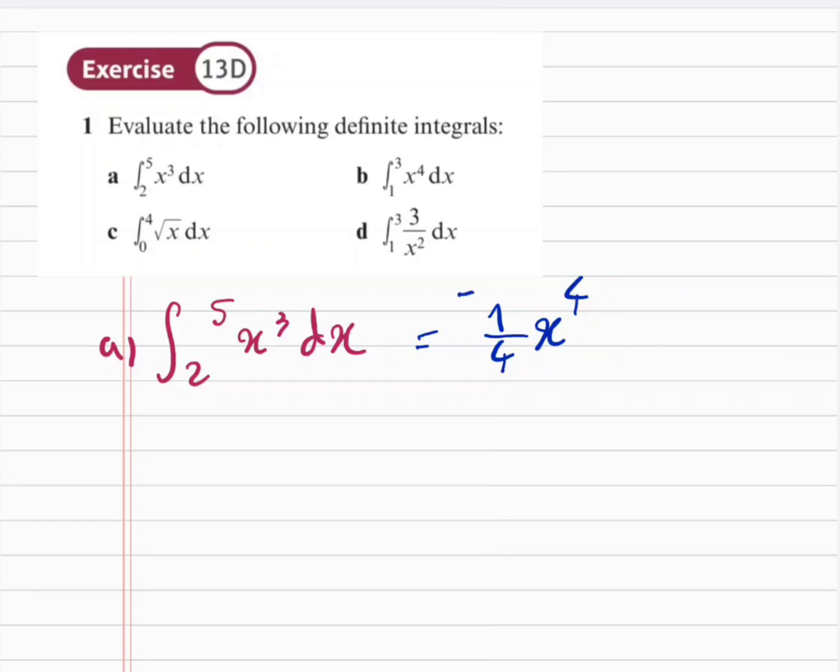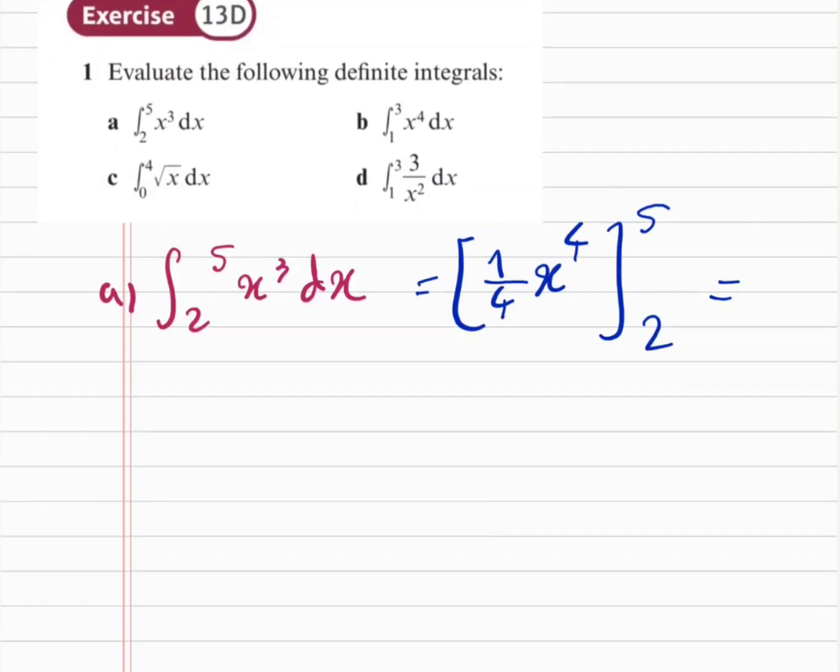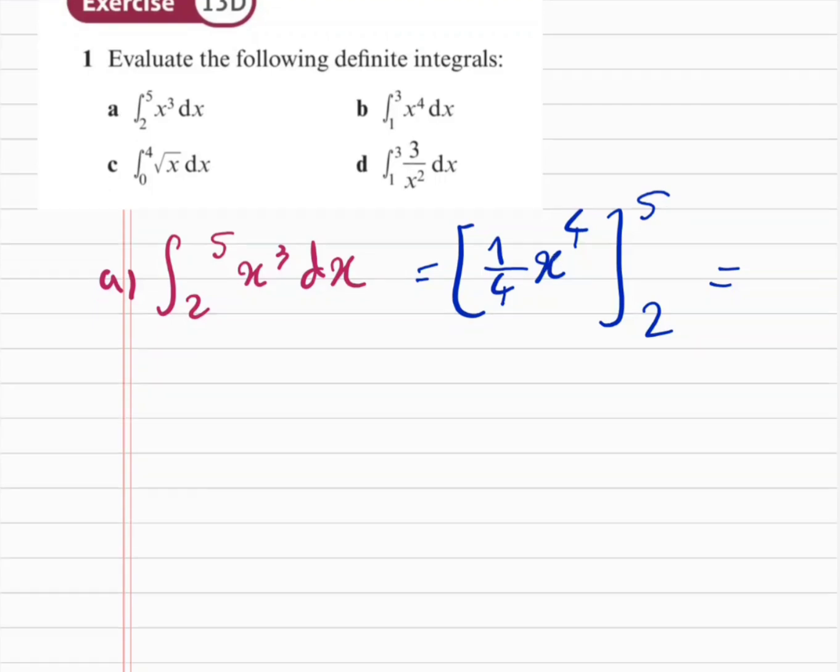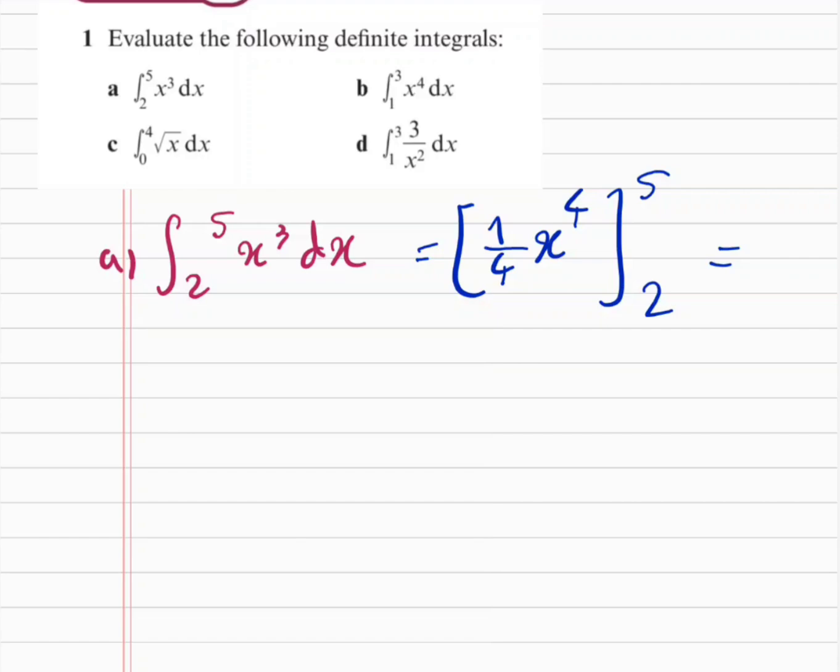Instead of that, we use square brackets. So put the value of the integral, the function, inside a square bracket, and then write the limits, and then we just substitute the limits. It's always the upper limit substituted minus the lower limit substituted, and that gives us the value of the integration.